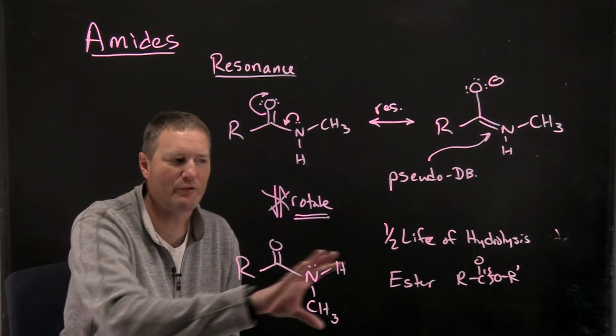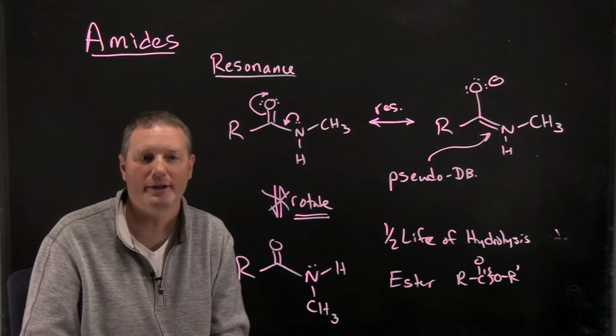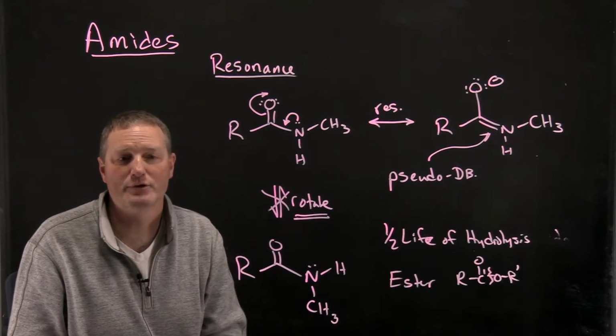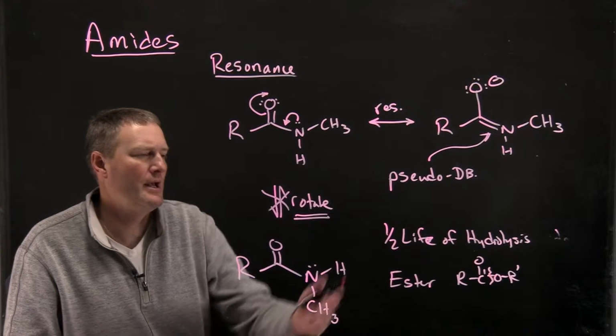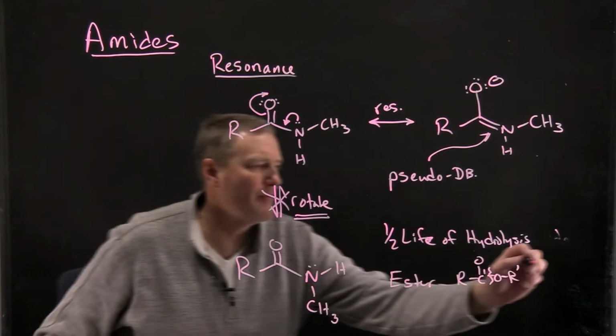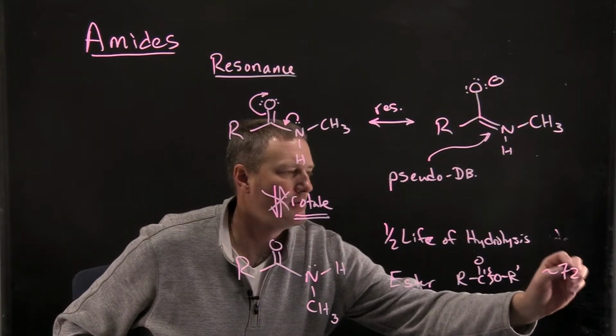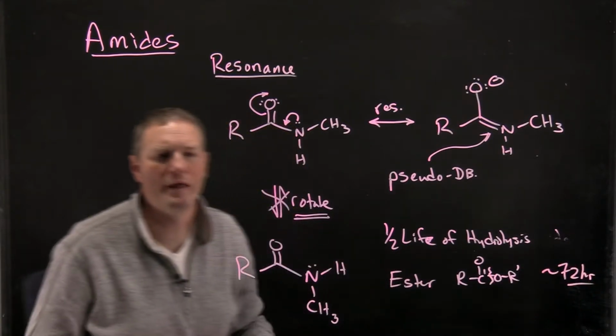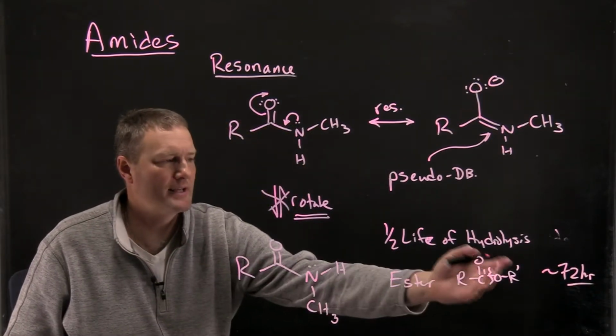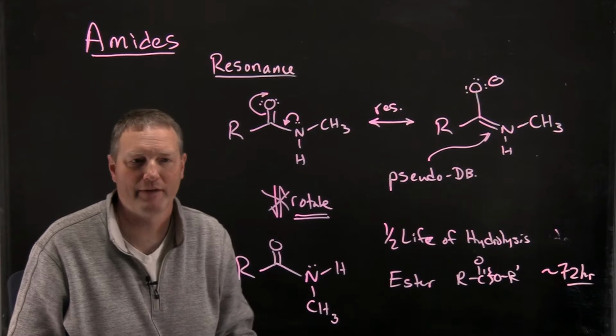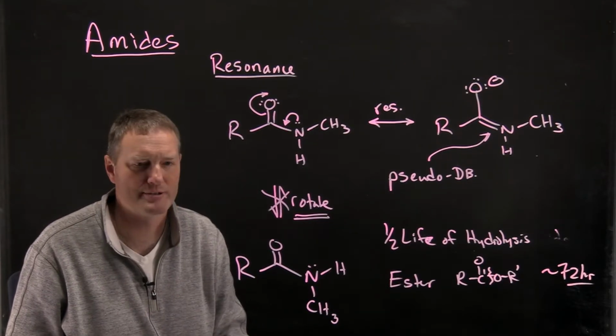But let's actually just think about if we put this ester just in pure water, what would be the sort of rate of hydrolysis? Well, a typical ester can survive about 72 hours. So if you were to measure the hydrolysis of this and measure when it reaches half the amount of hydrolysis, it'd be about 72 hours.